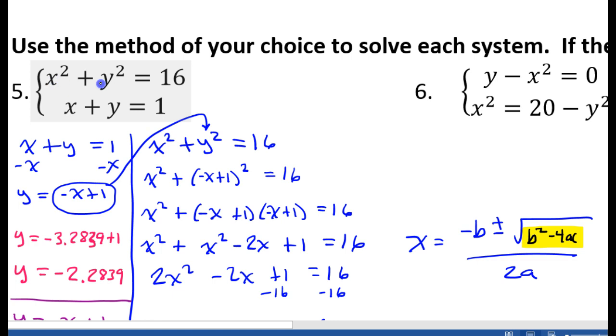So we have x squared plus y squared equals 16. That is a circle. And then we have x plus y equals 1. Well, that's a line. So we have a circle and a line. So you can imagine we have a line passing through a circle, and we are finding these two intersection points. Let's look at Desmos.